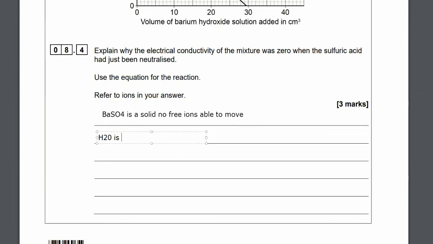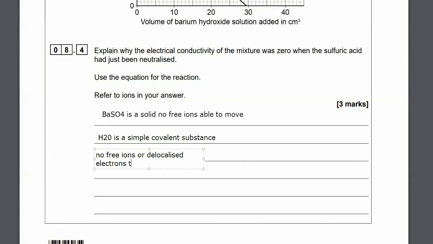H2O is a simple covalent substance or molecule or compound. So no free ions. In fact, it's got no free ions or delocalized electrons to carry charge.